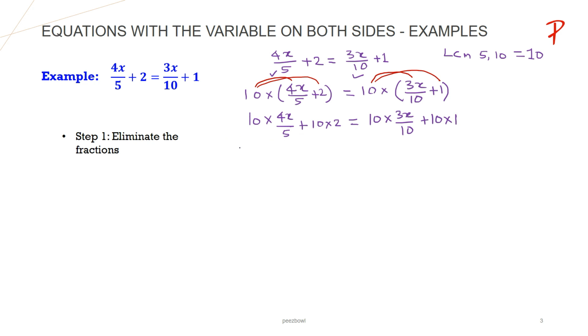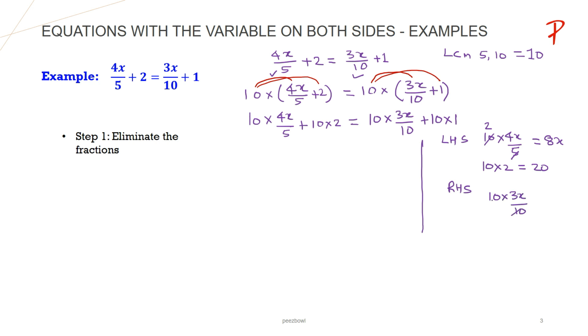Now simplify each term. On LHS we have 10 multiplied by 4x upon 5. 5 2 times is 10 and 2 multiplied by 4x is equal to 8x. Right? Then other term we have 10 multiplied by 2, that is 20. On the RHS we have 10 multiplied by 3x upon 10.